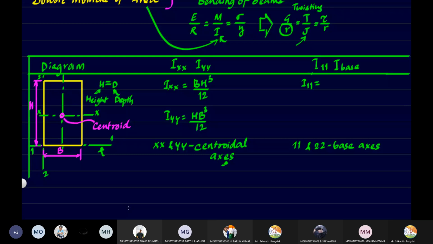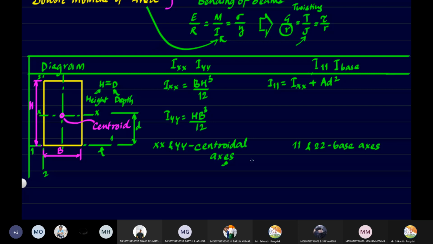So what is I11? For this, let us use the transfer formula. What is the transfer formula? Transfer formula tells us that if you want to find moment of area about any axis which is parallel to centroidal axis, then it's equal to the moment of inertia about centroidal axis plus A into d square, where d is the distance between the two axes.